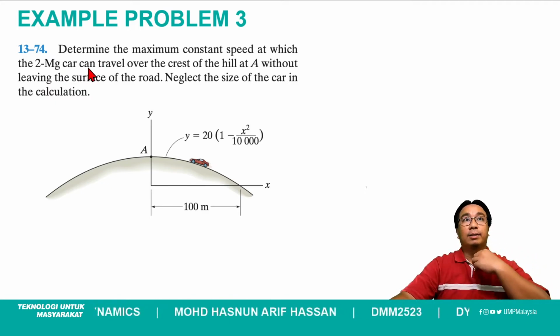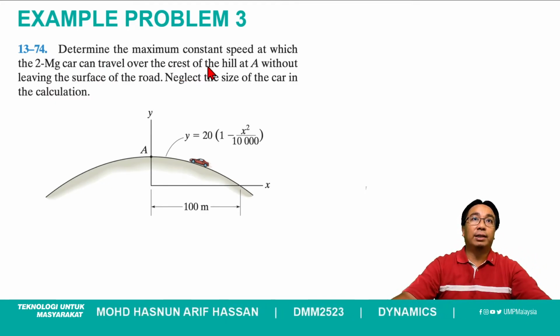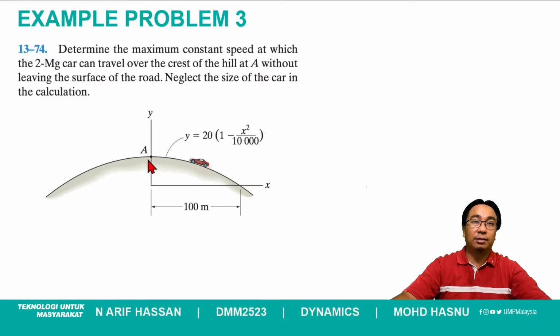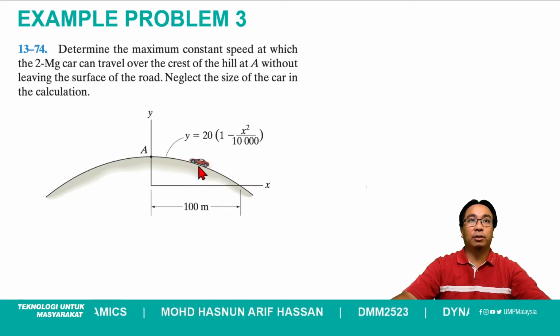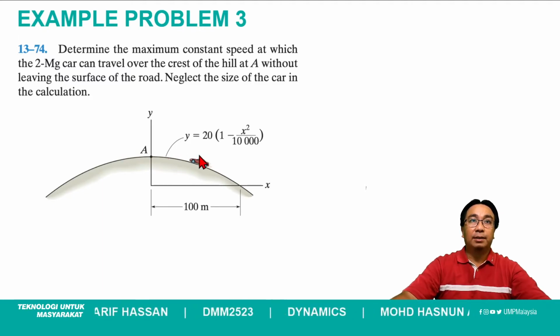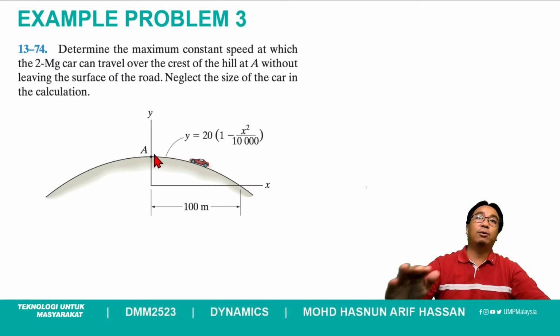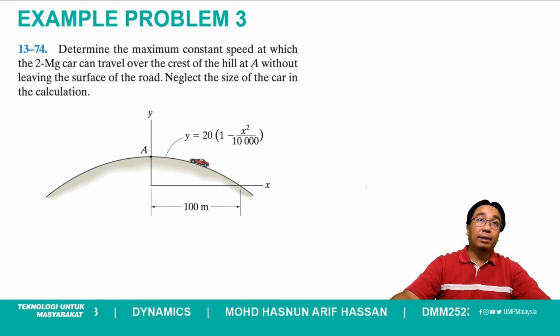Can travel over the crest of the hill, which is the top of the hill, at point A, without leaving the surface of the road. What does that mean? It wants to know the maximum speed that the car can travel without jumping at the top of the hill.